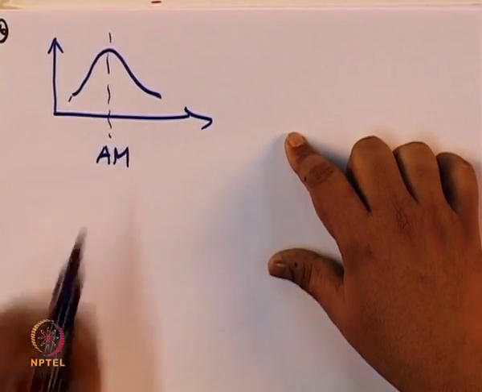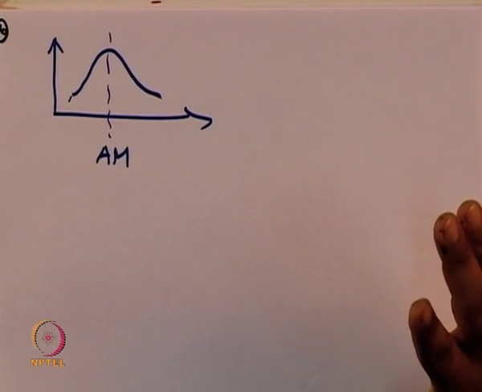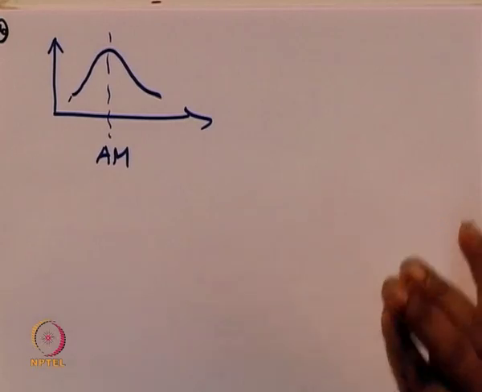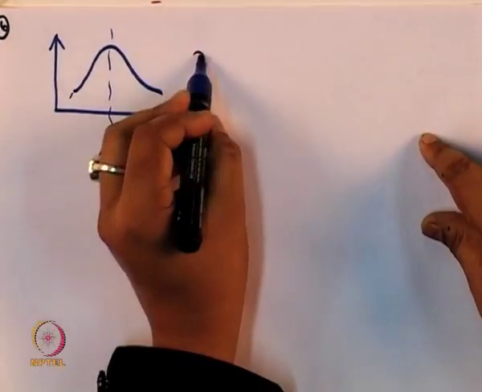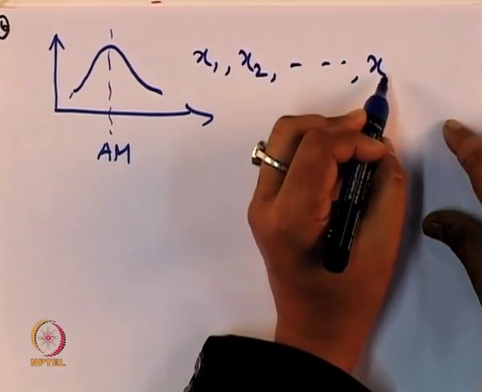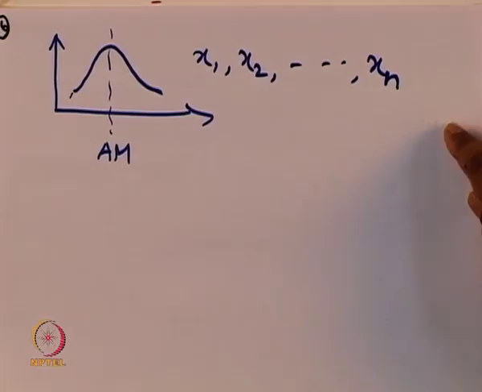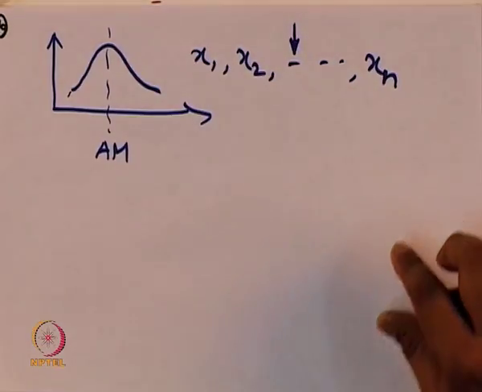This is where your arithmetic mean lies. Okay. Now, there is one more way of doing it. What you can do is sort these numbers, the entire numbers x1, x2 up to xn, in ascending or descending order, and try to find which is the number which is directly in the middle. Okay.